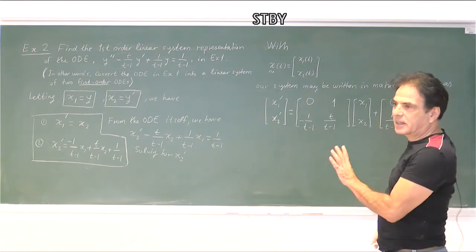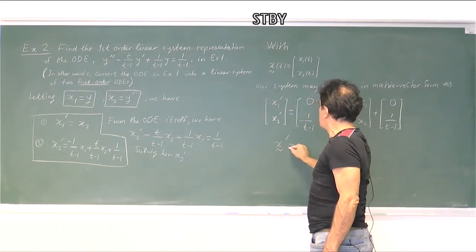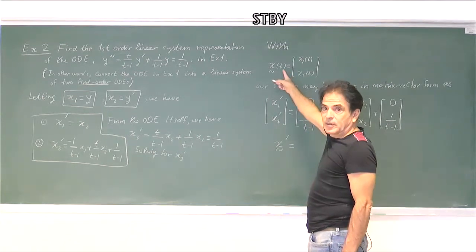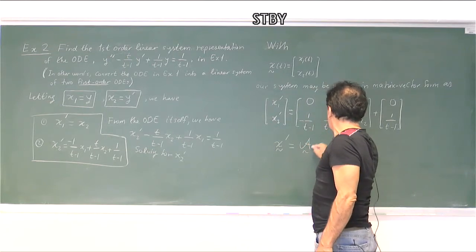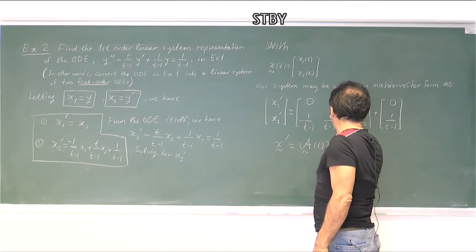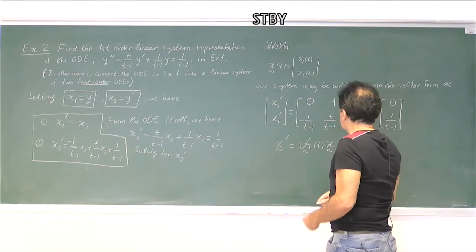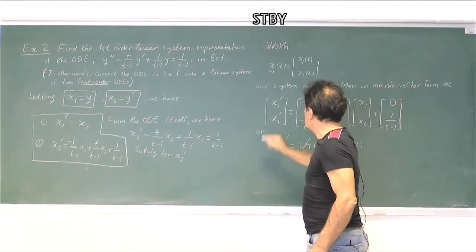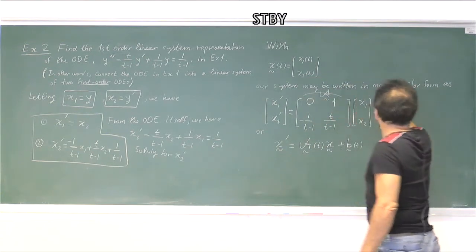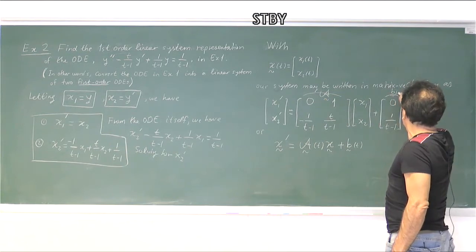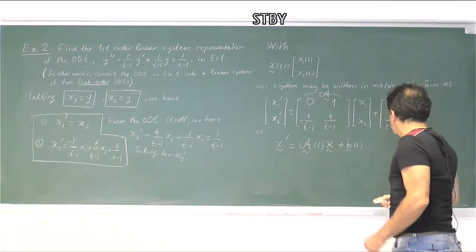So which is precisely in the form where the derivative of the vector function, which is the required solution, is a matrix times x itself plus a non-homogeneity term. Good? Recall, now this is the coefficient matrix A, and this is the vector-valued function B with components 0 and 1 over t minus 1.